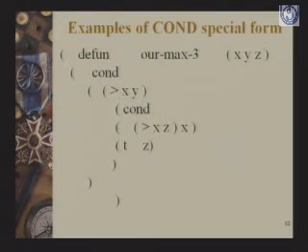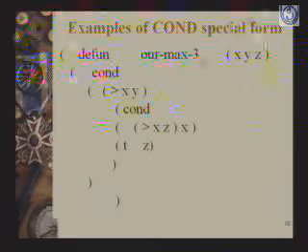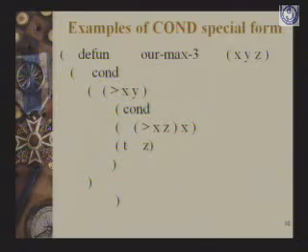However, if the last condition, x greater than z, is false, then the value x is not returned. As I mentioned earlier, whenever a condition is false, the statement following that condition's test is not executed. So if we assume that x greater than y is not true, then the value x is not returned.